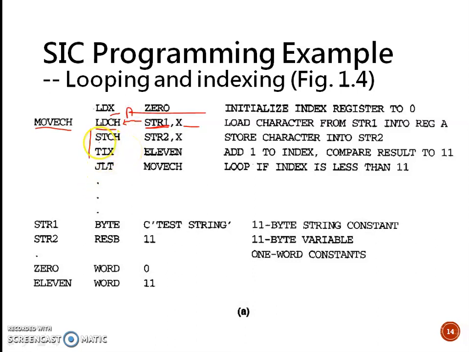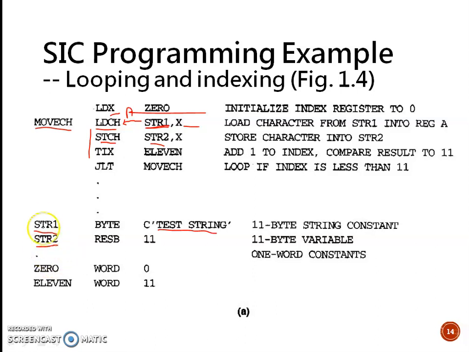And then STCH STR2 comma X, which means you need to copy the value from accumulator to STR2. So STR1 is having a string named as test string which will be copied to accumulator.